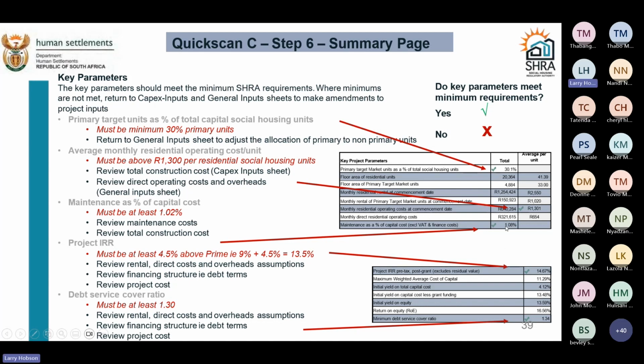You might think we'd want it to be below 1,300, but why it needs to be above is because if you're not spending 1,300 on operating costs, you're probably not providing a good service. So it's in everyone's interest for you to be providing that good service. So you'll get a green tick because you're 1301. So you'll be fine.